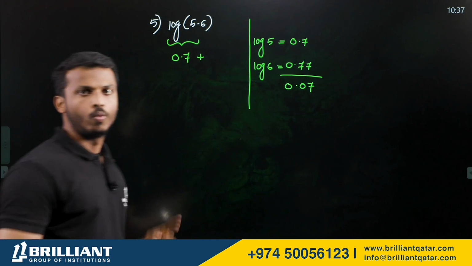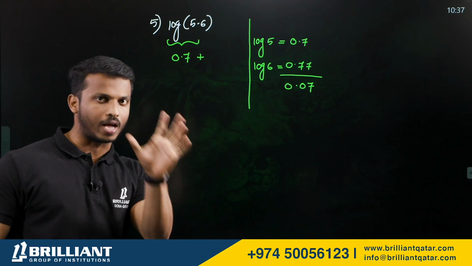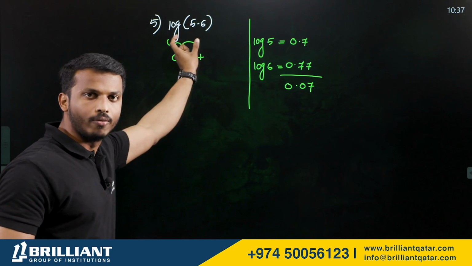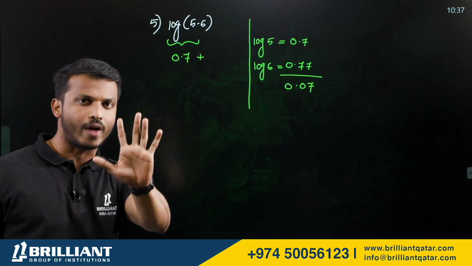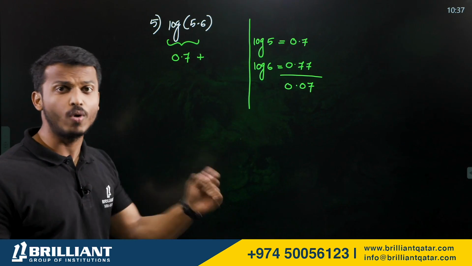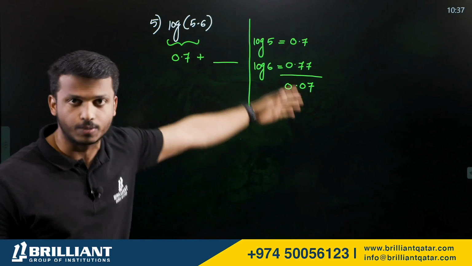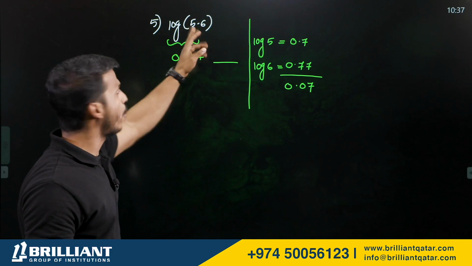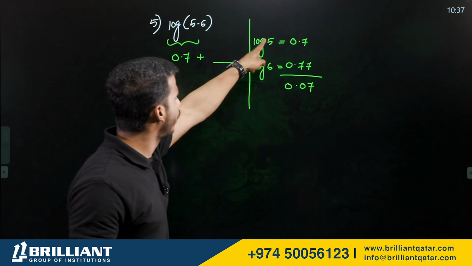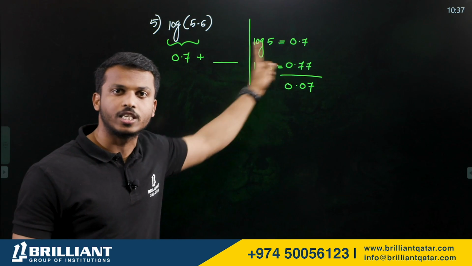Once again I am repeating, log 5.6 is the value we want to calculate. Before the decimal, the digit is 5. Log 5 equals 0.7 plus, and now I need some more value here. To calculate that, I am doing this procedure. Log 5.6 is in between log 5 and log 6. Log 5 is 0.7, log 6 is 0.77.